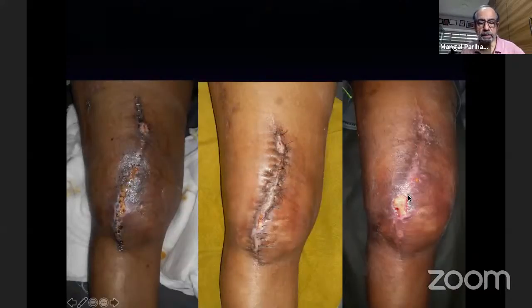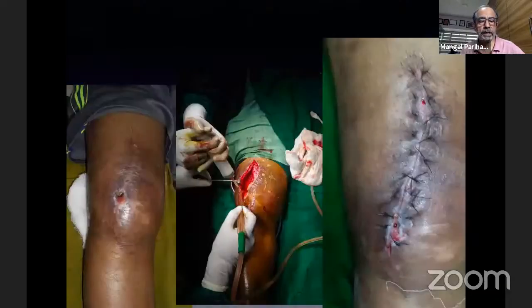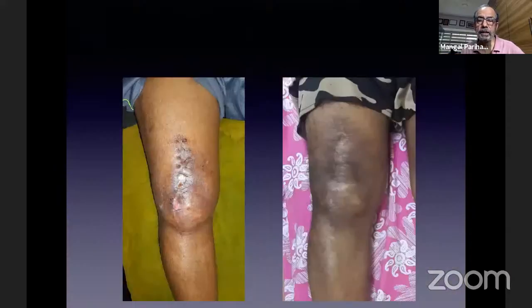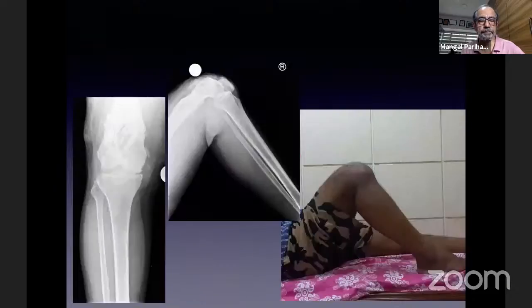But through all of this, we kept him moving. So whatever problem occurs with the skin, later on we will deal with it, but whatever movement has been gained, that has to be kept. So at the end, once everything else was settled, we opened it up again and excised these bad edges, sutured it, and it all healed uneventfully. That is the range of motion he had, from only about 10 degrees range of motion.